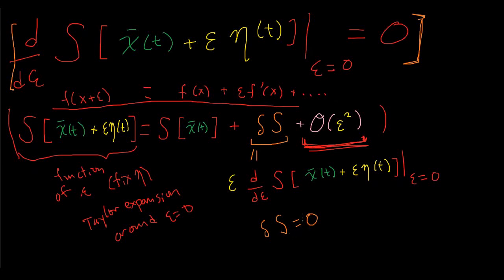But what it means is that when we're actually computing this function, we can expand it in powers of epsilon. And first we'll have a term without epsilon. That's just the regular old action where epsilon is 0. And then we'll have terms where we have epsilon to the first order. And then we'll have terms where we have epsilon to a higher order.